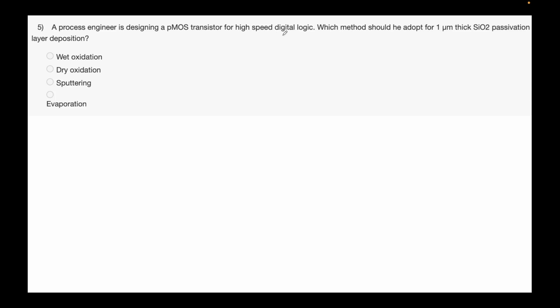A process engineer is designing a PMOS transistor for high-speed digital logic. As I told you, the logic and memory devices I have not talked about here. That was not my area of expertise, but these are the applications of semiconductor-based devices. For instance, when you're playing a mobile game with high graphics, there's a lot of computation happening behind the scenes. You need digital logic for that.